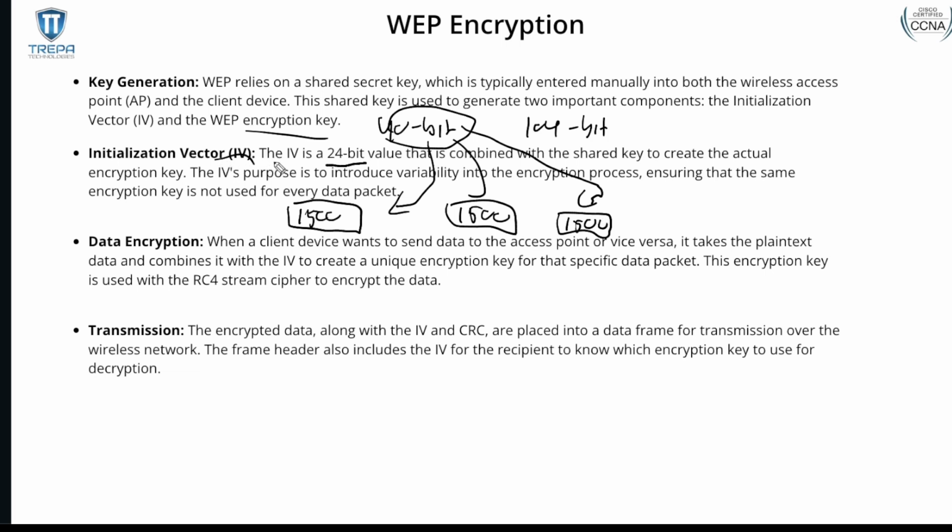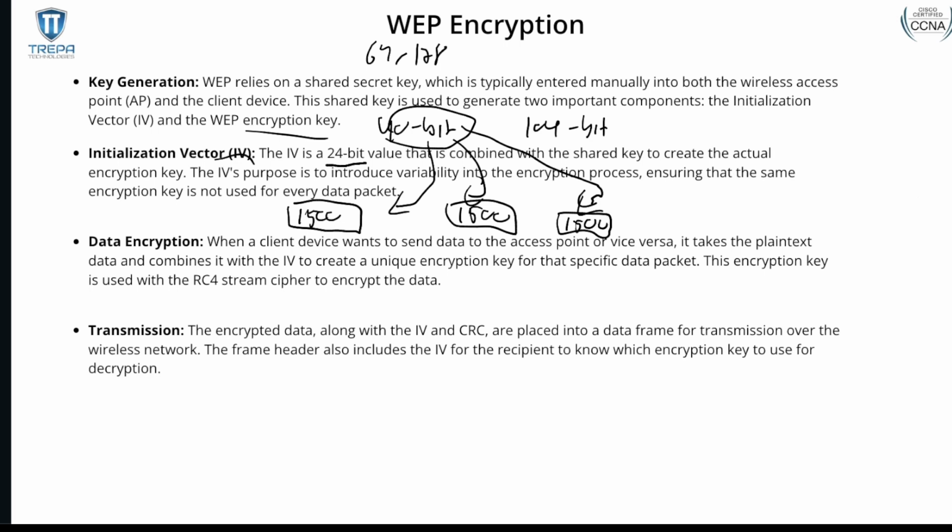So what this initialization vector does is it takes up space here. What I mean by takes up space is that keys usually come in sizes like 64 or 128. So WEP should be a 64-bit key, but it takes 24 bits away for an IV, which adds additional variability into the encryption process, so that even though the same key is being used, it's a different encryption every single time, okay? So that's how an IV works. And if you take a Security Plus course, we go over that and cover how that makes stream ciphers better protected.